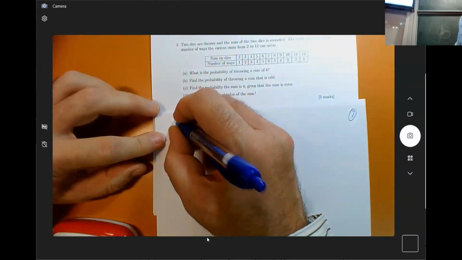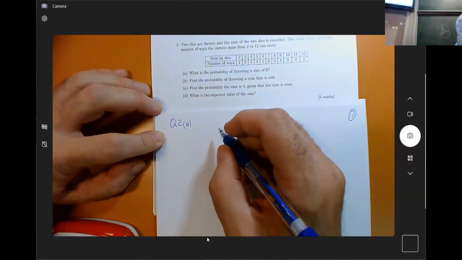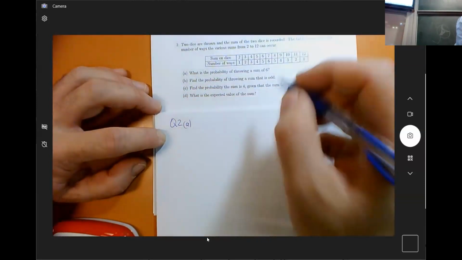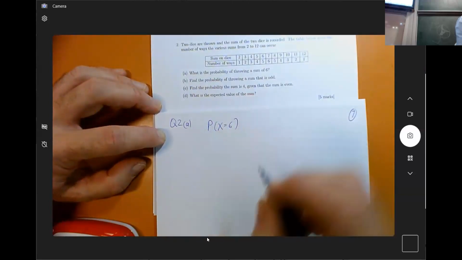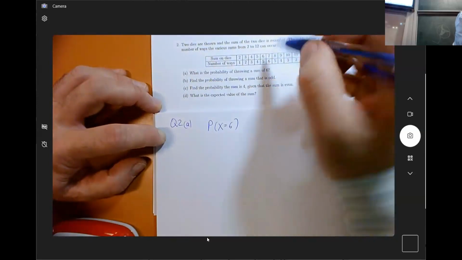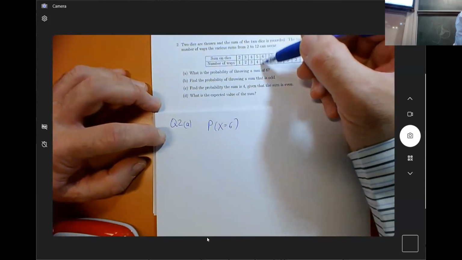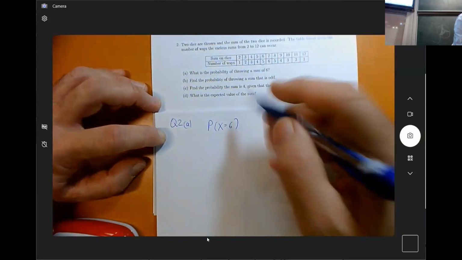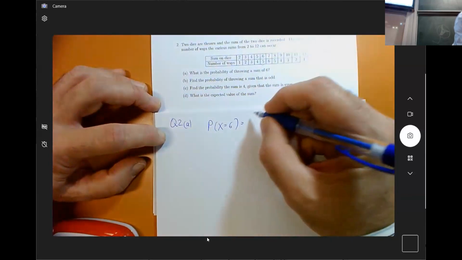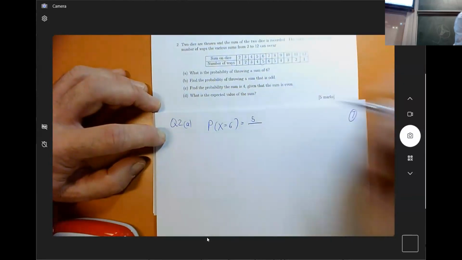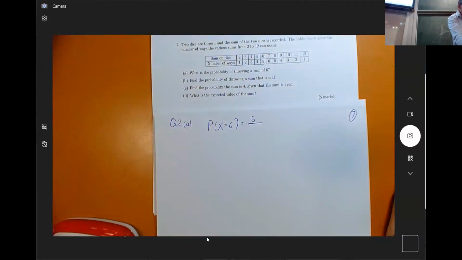So if I do question 2 part A, it would be probability of x equals 6. Probability of the sum is equal to 6. So literally I look at the sum here, and there are 5 ways it can do that. Technically, I've got to divide over the sum of all the number of outcomes.